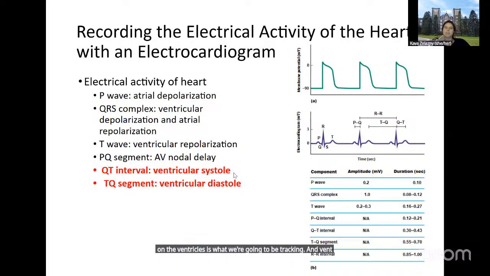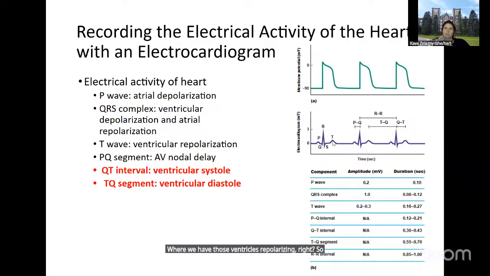And ventricular systole, systole, think squeezing. So ventricular systole is when your ventricles are squeezing. That's going to happen from Q, where we have these ventricles depolarizing, all the way to T, where we have those ventricles repolarizing.